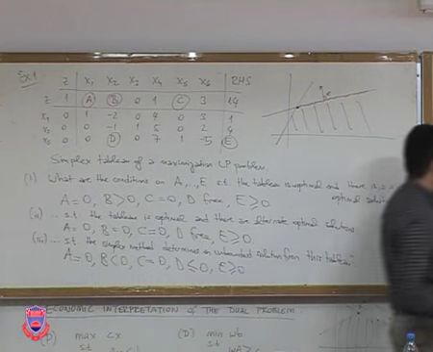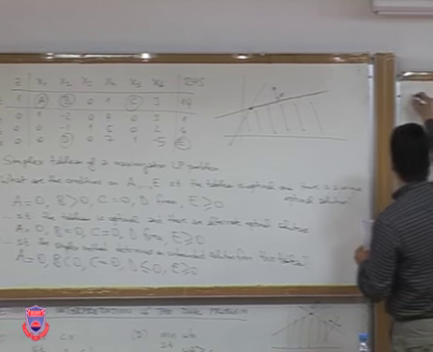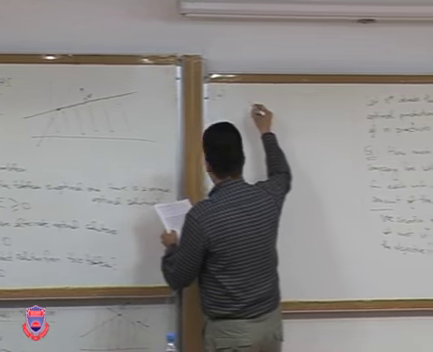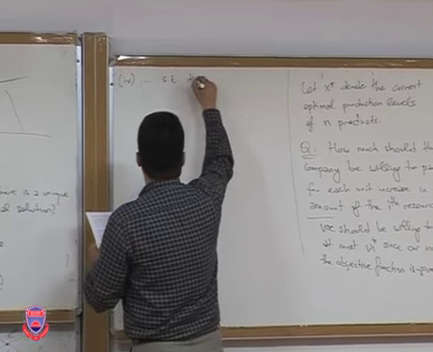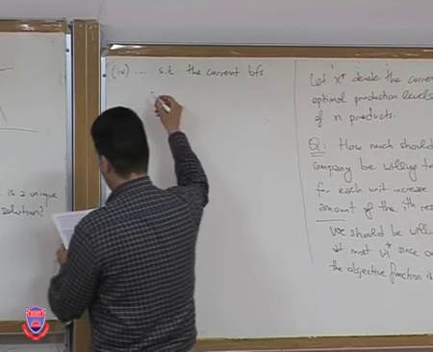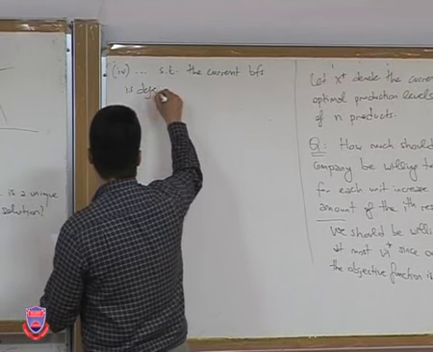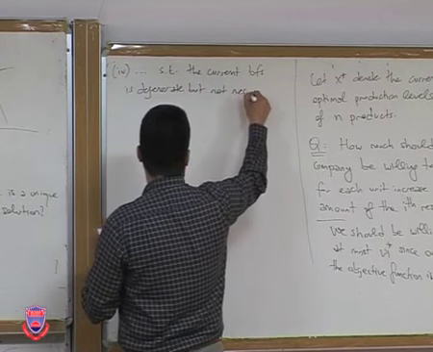And finally, last part. Part 4. So what are the conditions on A through E such that the current tableau is degenerate, or the current BFS is degenerate, but not necessarily optimal?